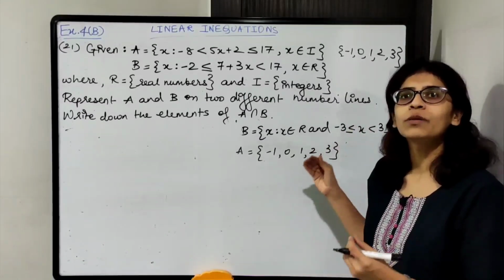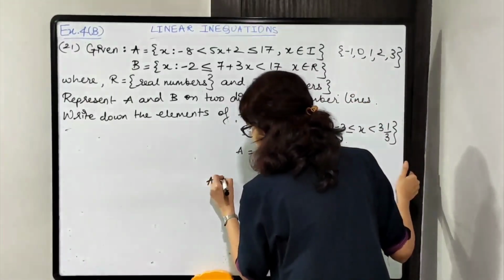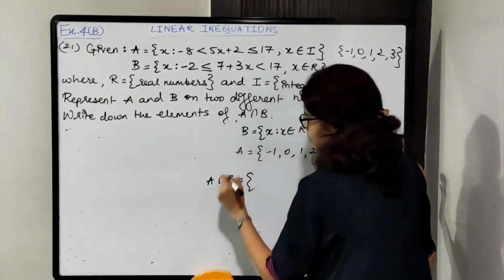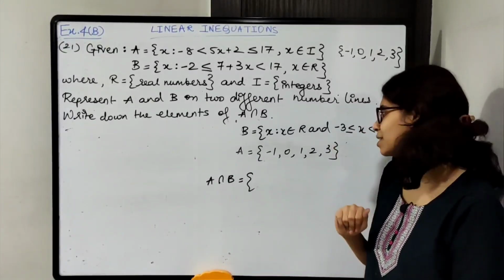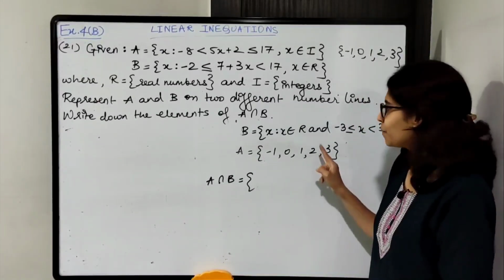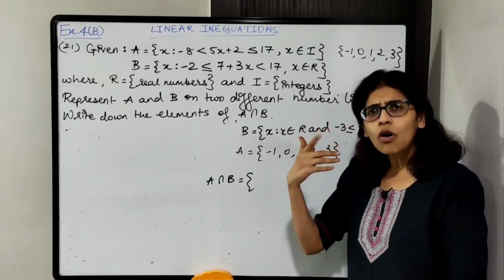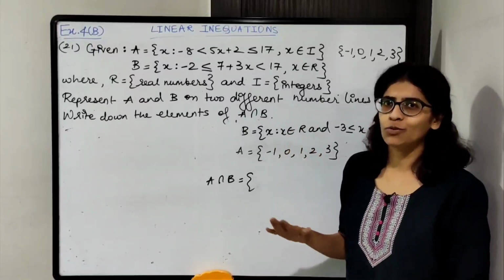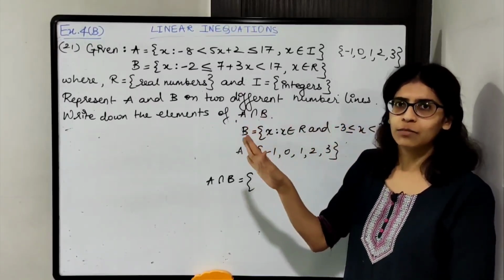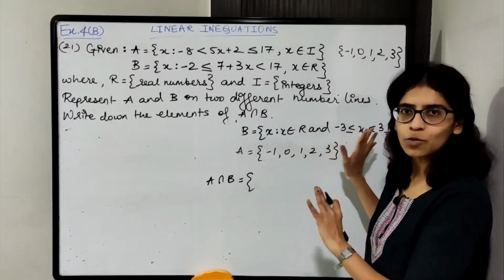So what is common between A and B? A intersection B क्या होगा? What elements are present? So A में there are integer values, okay, and B has real number values, that is, it includes all types of numbers that we have studied so far. Okay, excluding imaginary numbers, negative का root exclude करके बाकी सब कुछ है इसमें.